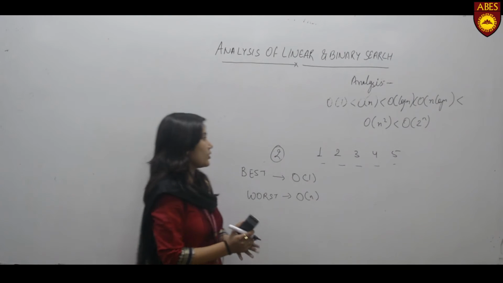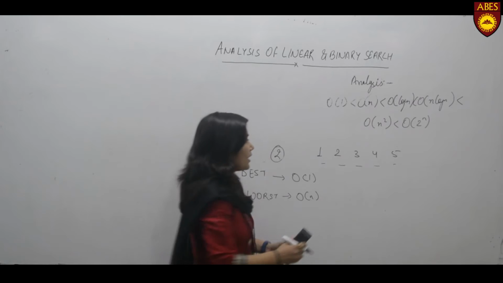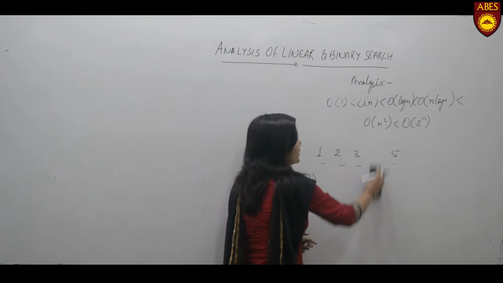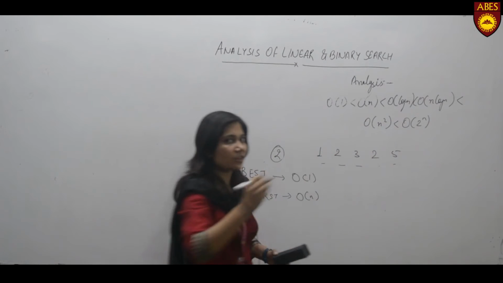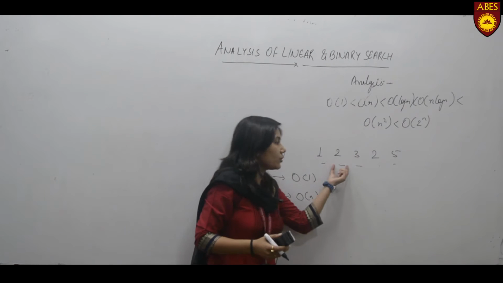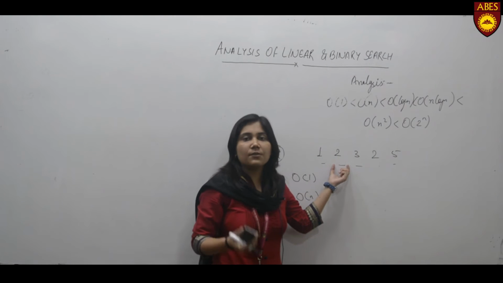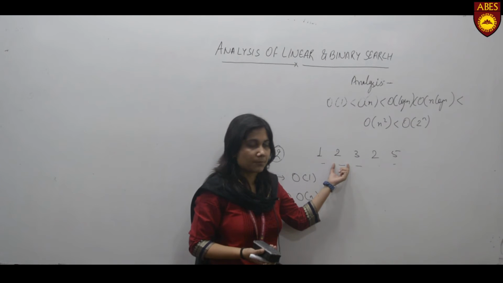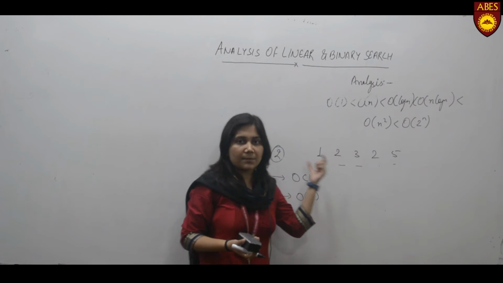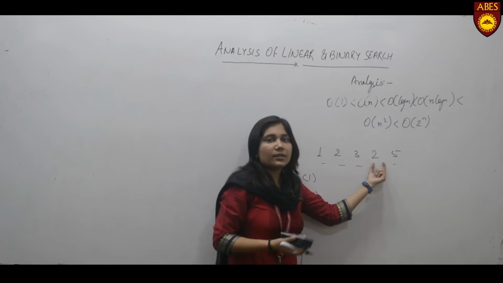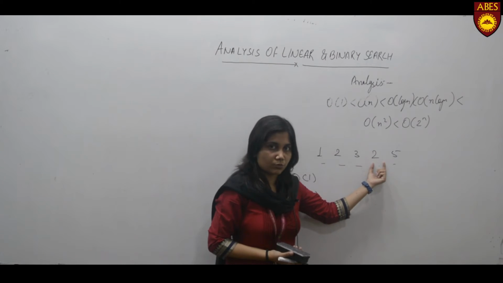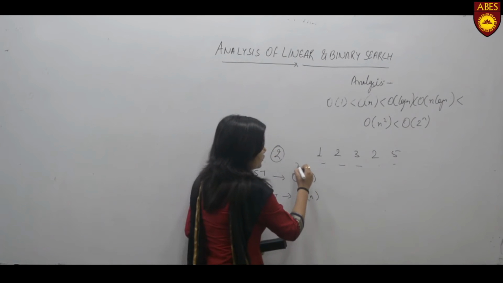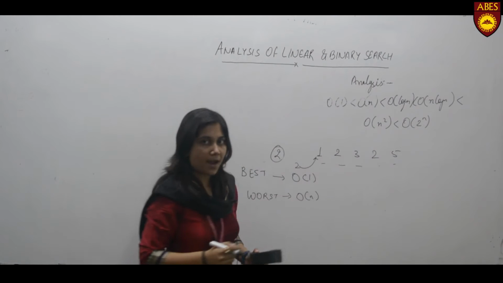It might also be possible that this element occurs once at the second position and once at this position. So we cannot stop searching wherever we first find the element. It might be possible that this element also occurs in another part of the array. So we search like this. 2 will be compared with this one. If it is matched, then okay.